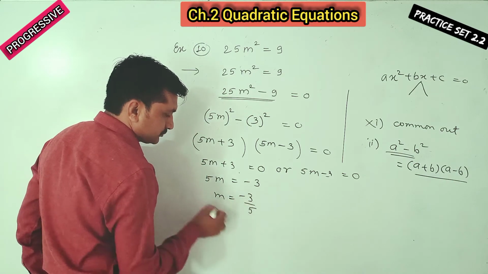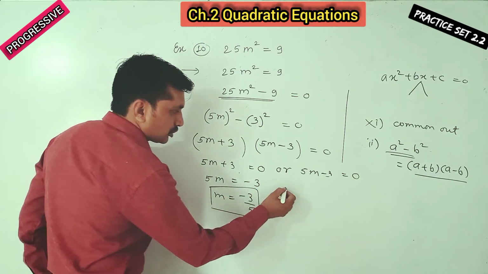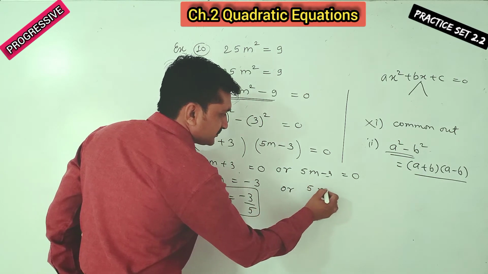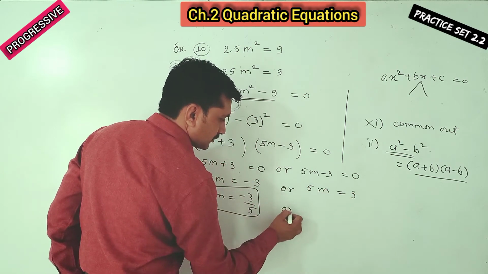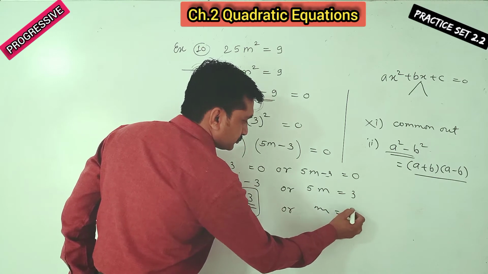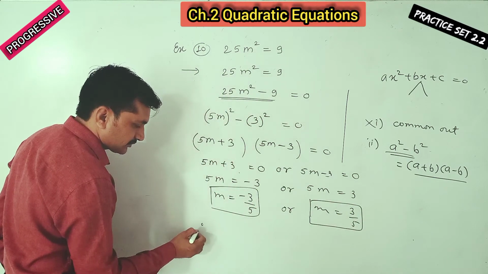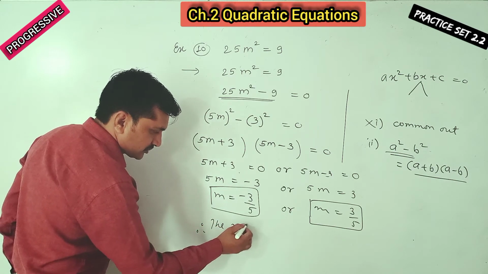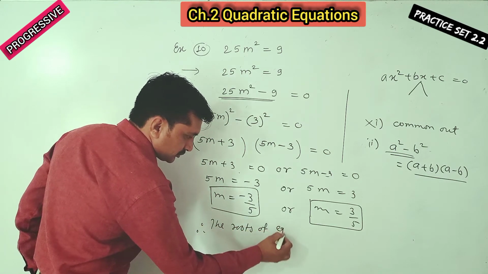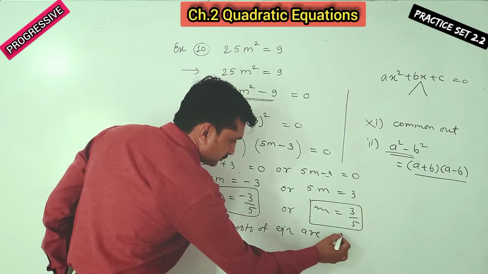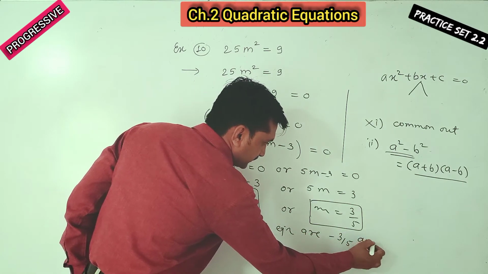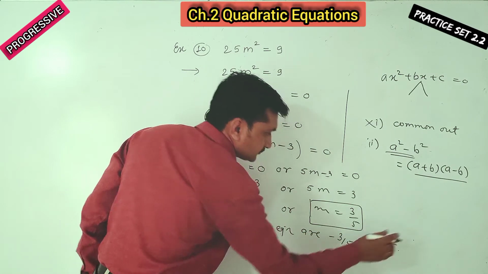One value we got. Or 5m is equal to 3, m is equal to 3 upon 5. These are the roots. Therefore, the roots of the equation are minus 3 upon 5 and 3 upon 5.